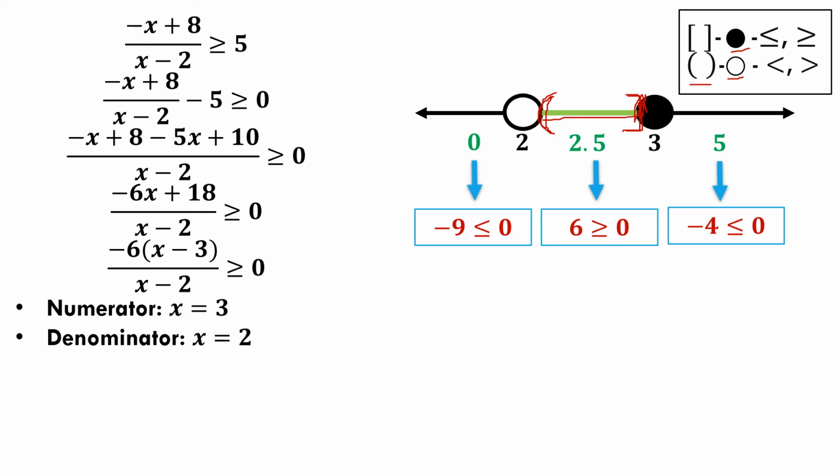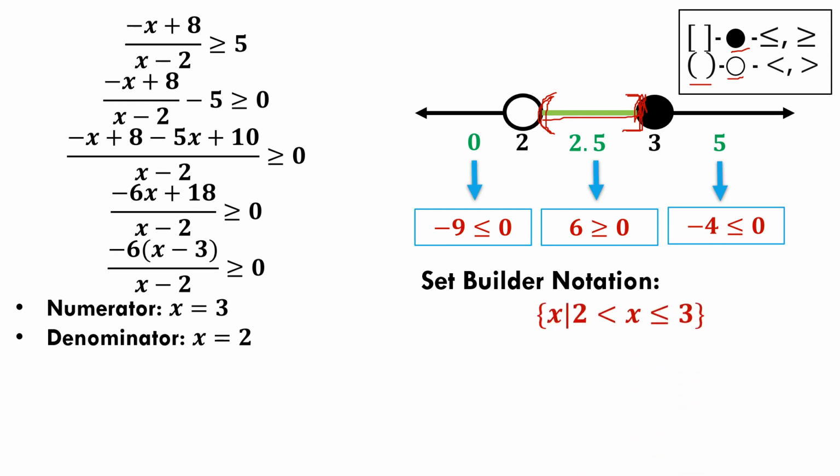Now, let's write the solution in set builder notation. So, paano yan siya? Ito yung set builder notation. Kung babasahin natin, the set of all x such that x is greater than 2, or less than or equal to 3.